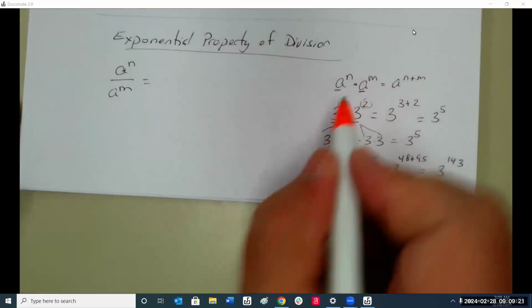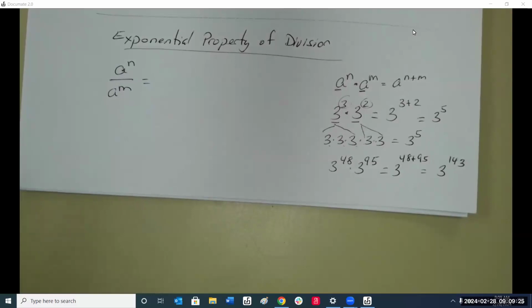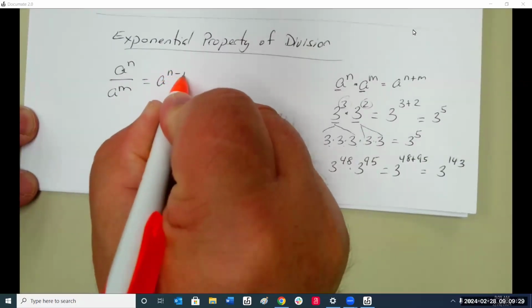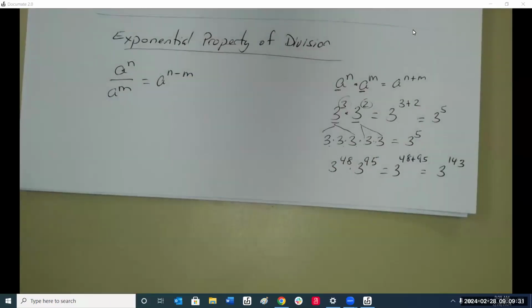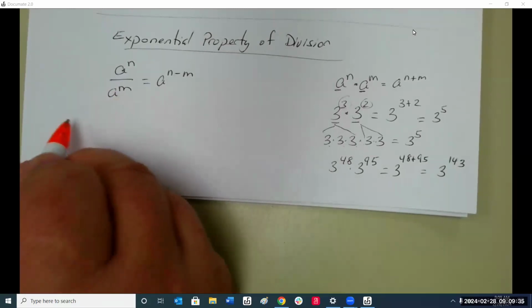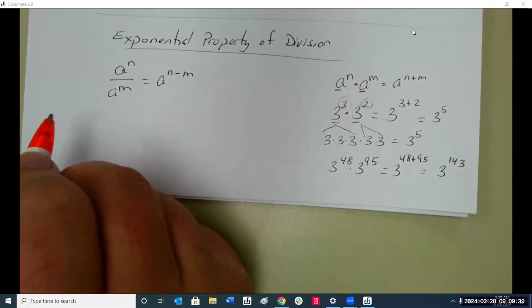That's multiplying because you're making it bigger. Division is just the opposite. What do you think you do there? You subtract the exponents. Why is that the case? It's an easy way to put this.